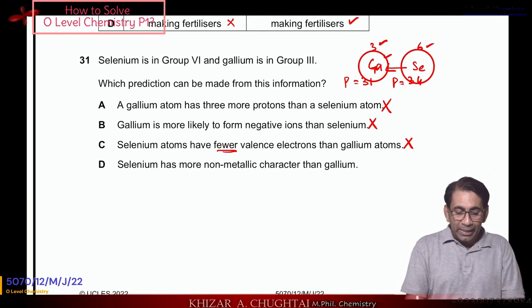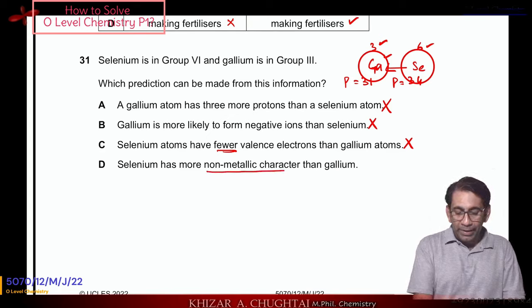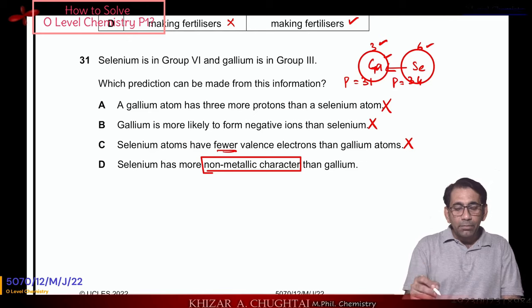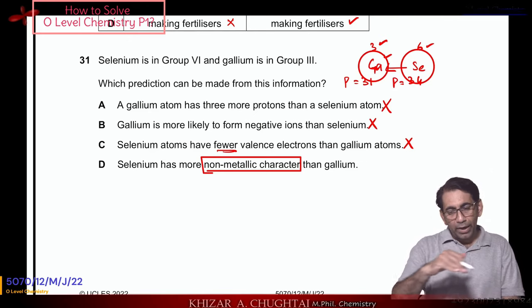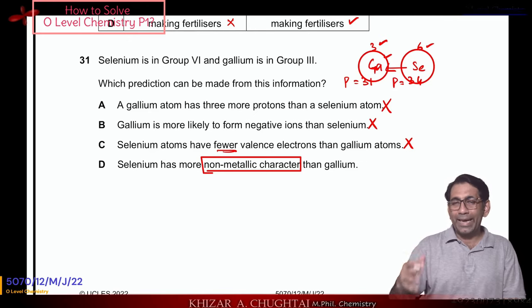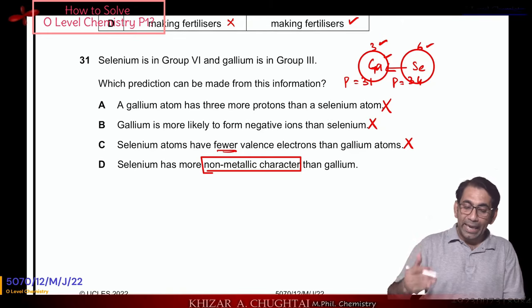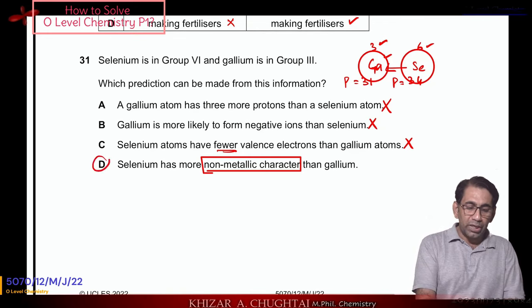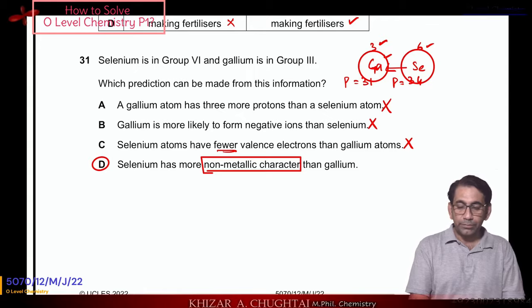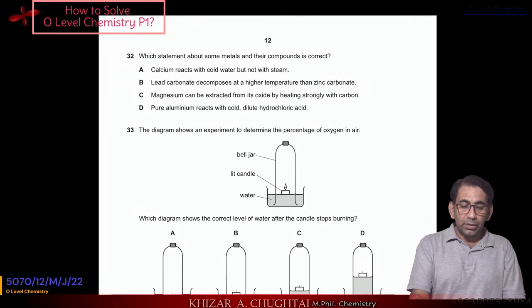The last one, selenium has more non-metallic character than gallium. Yes, it is true. As we move from left to right in the period, non-metallic character increases and metallic character decreases. So D is the correct option. Question number 32.